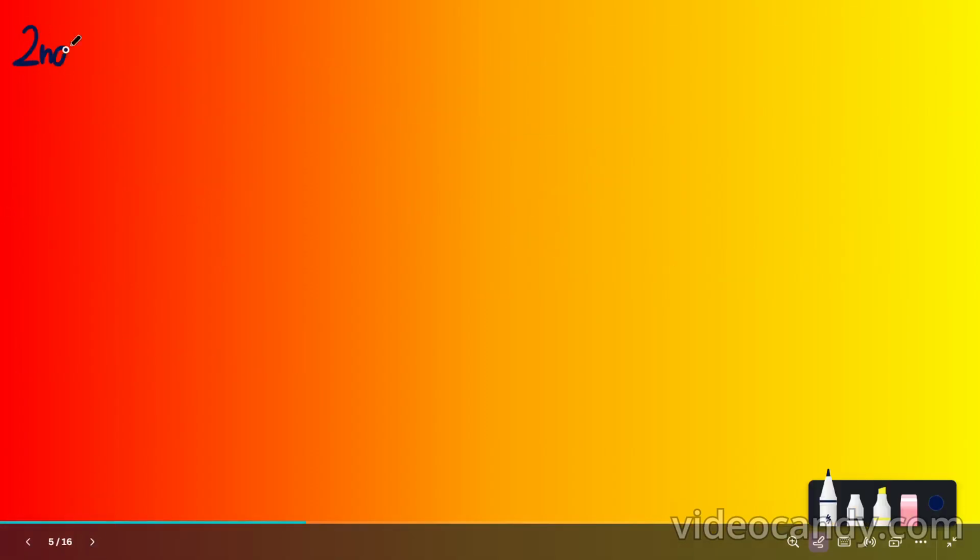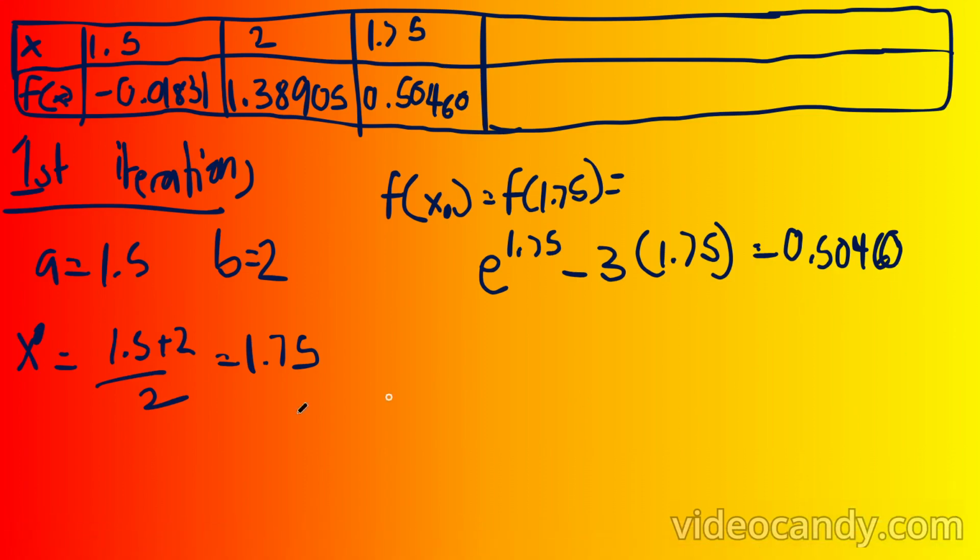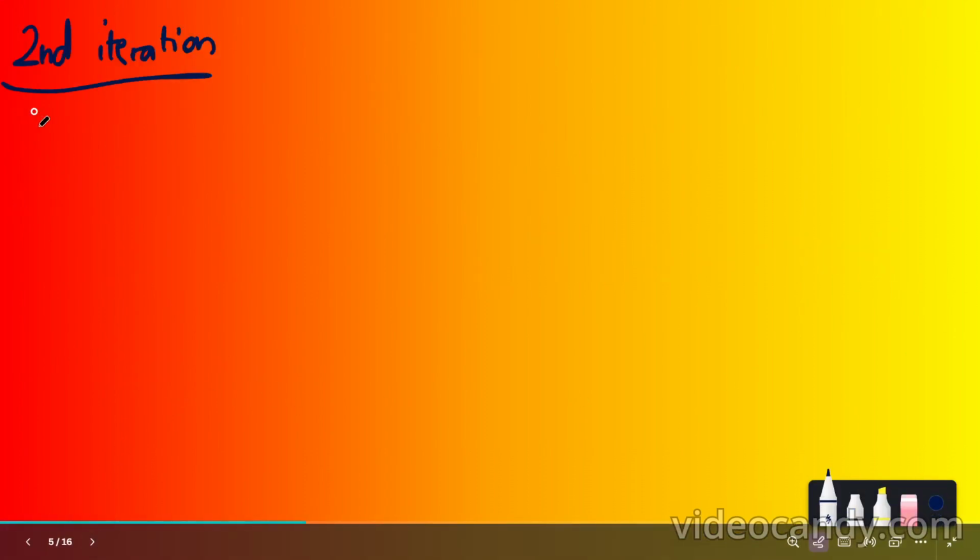Let's go to the second iteration. If the number becomes positive, we need to change the number a.